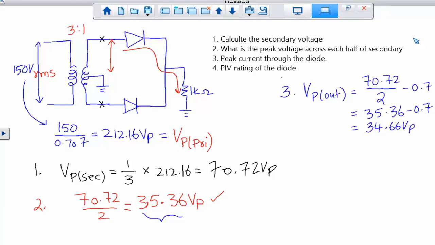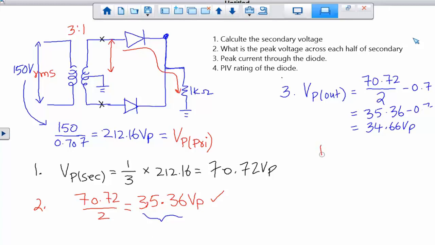So that's at the diode pretty much. So after the diode is when you take away 0.7, which is pretty much right here, which is pretty much connected to the resistor. So it is the voltage on the resistor as well. So now you can find the current from it.